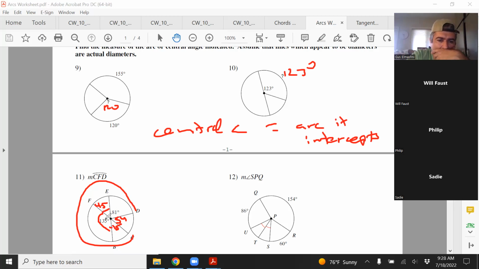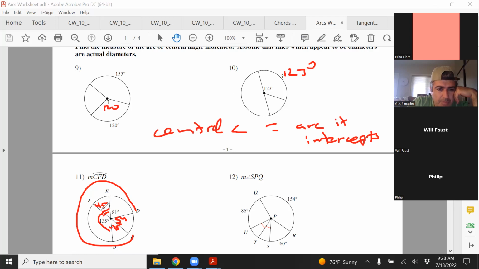That makes sense, because that's 135. Angle F, this one right here with the double markings, has to be 45 to form a linear pair. So you get 90, 225. So arc CFD would be 360 minus 54, or 306.